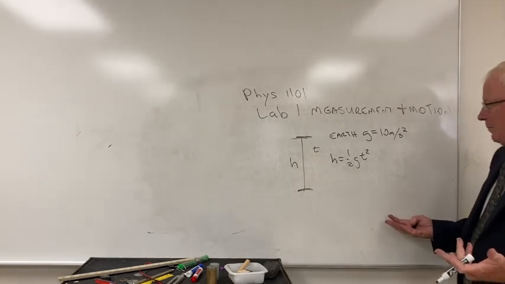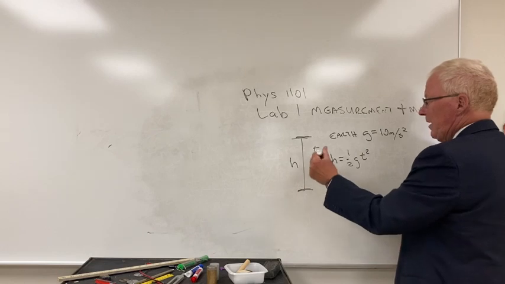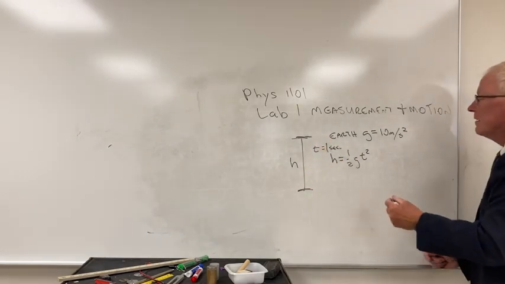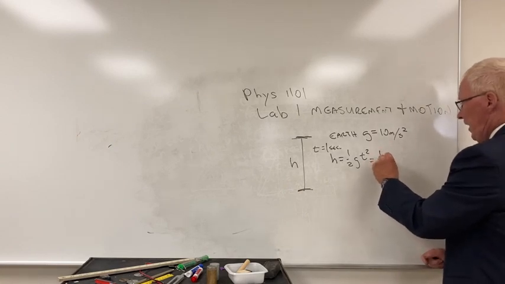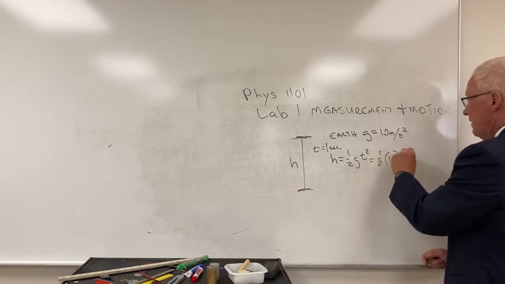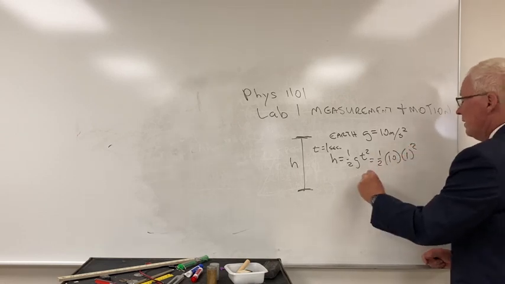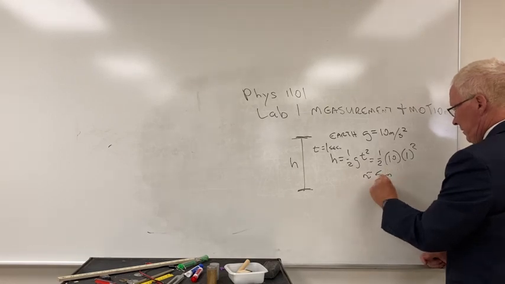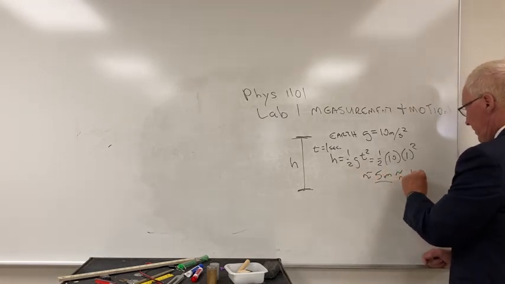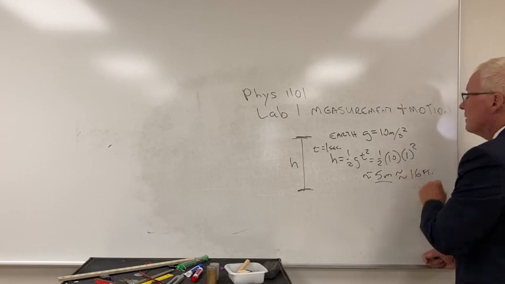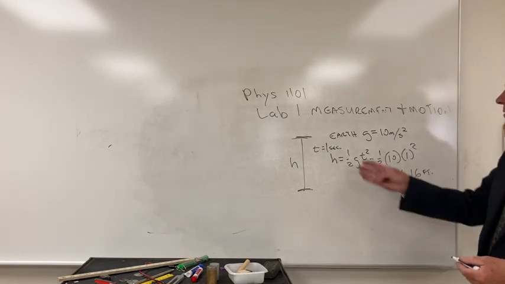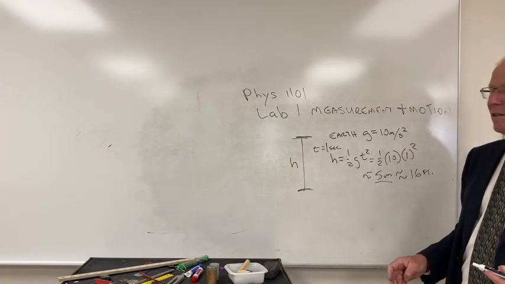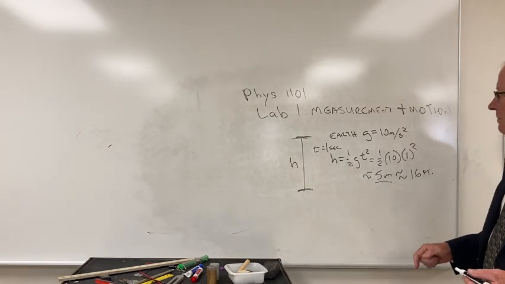So we'll see from chapter 2, if you drop something and it takes a second to land, then that would be 1/2 times 10 times 1 squared, which is 5 meters, about 16 feet. So an object on Earth taking 1 second falls about 5 meters, 16 feet.